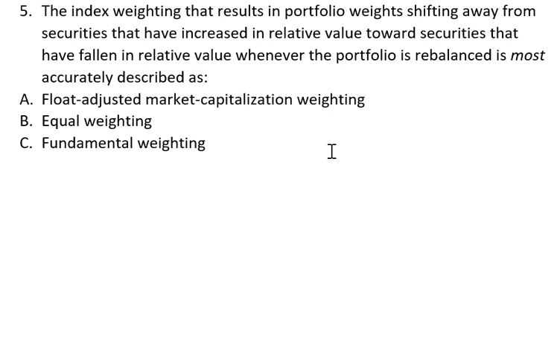Fundamentally weighted indices generally will have a contrarian effect in that the portfolio weights will shift away from securities that have increased in relative value and towards securities that have fallen in relative value whenever the portfolio is rebalanced. The answer is C.